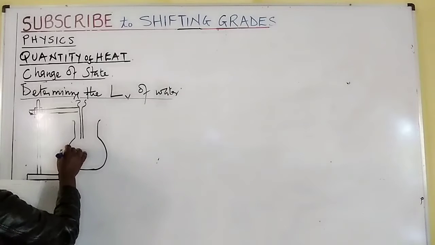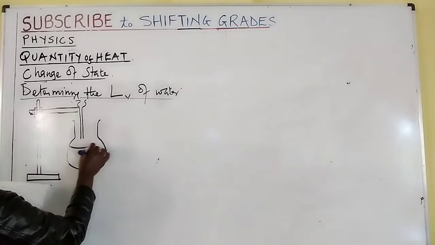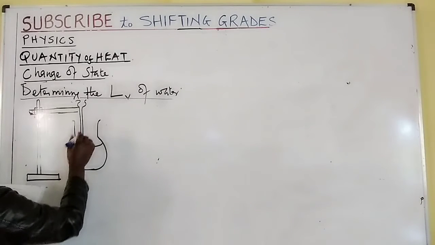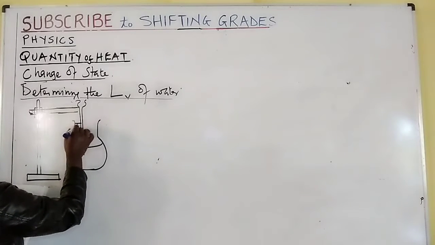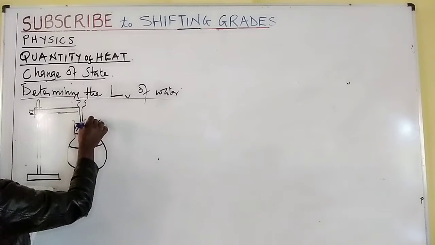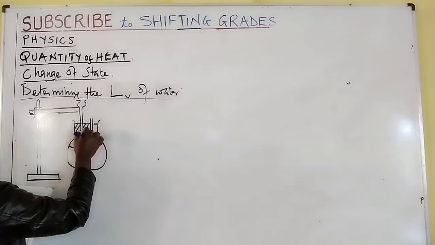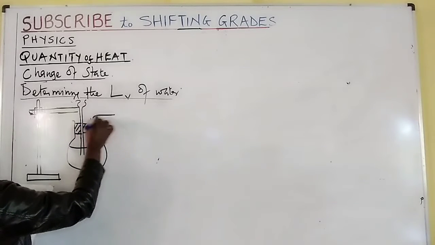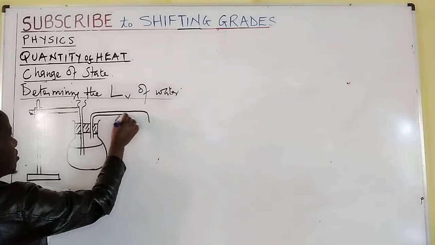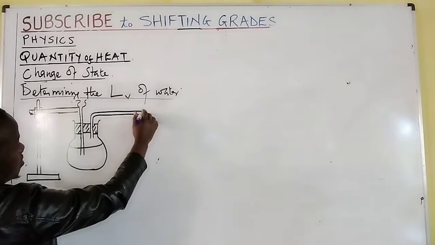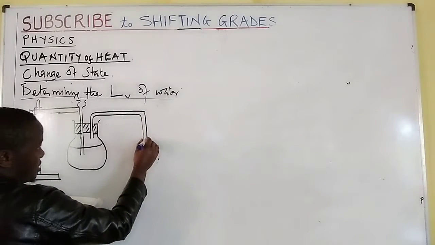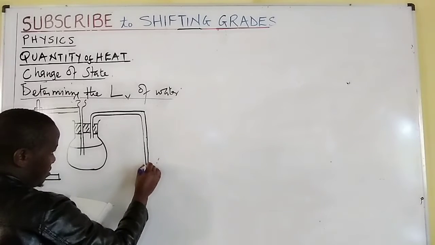So we have a flask here containing water. Then we have this delivery tube, which will bring steam generated into a well-lagged copper calorimeter.